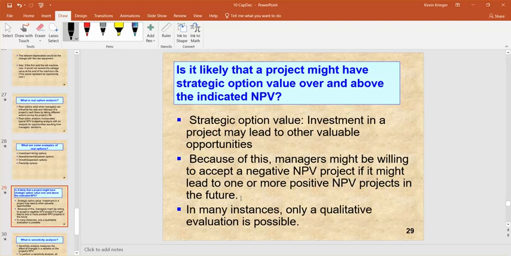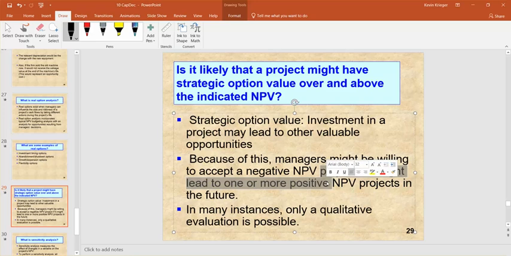That could be something where you're greasing the skids for the future, but the project itself has a negative NPV. Now, of course, the mathematical rebuttal is, well, that's an incremental factor, an externality, and you should try to factor that directly into your cash flows. And you can, but sometimes at some point you have to call it a day with how complicated a math you're going to attempt to do.